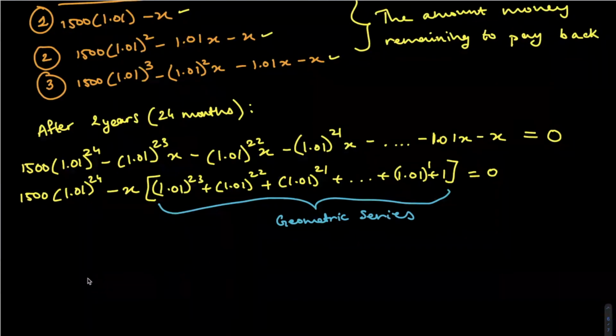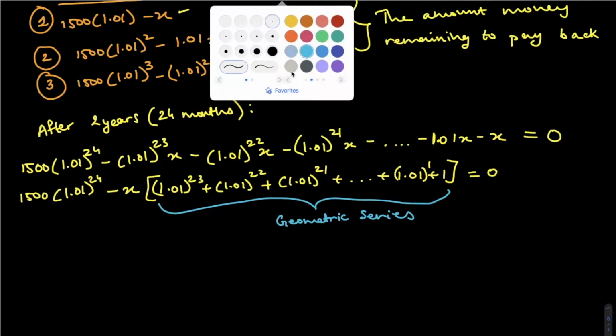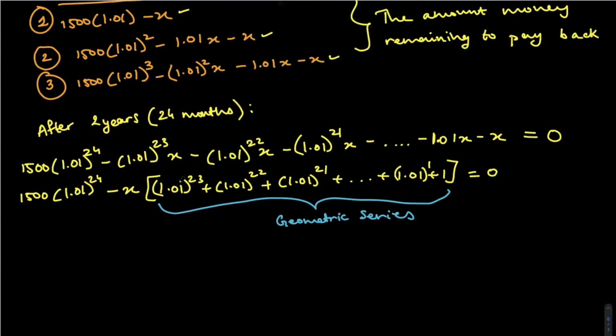Let's continue with yellow. First, let's compile some information. Sn is equal to u1 times 1 minus r raised to the power n, over 1 minus r.